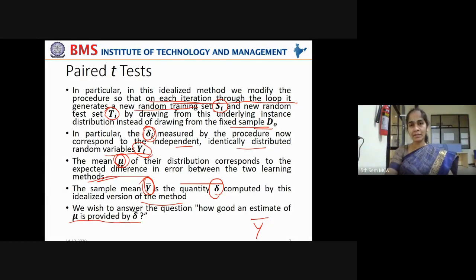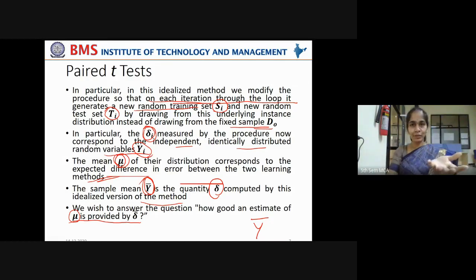What is delta? Delta is the difference in the errors of learning algorithm A and learning algorithm B for each experiment conducted on the main sample. Now, is that delta bar following a normal distribution with mean mu? Did you see? Our problem now took a proper shape. I'm explaining again.